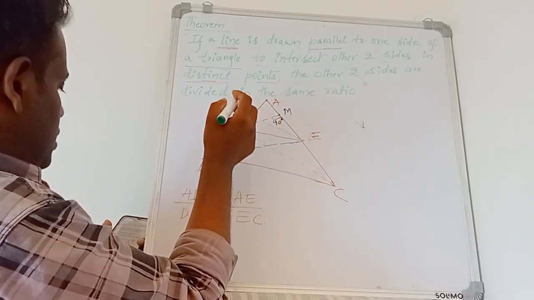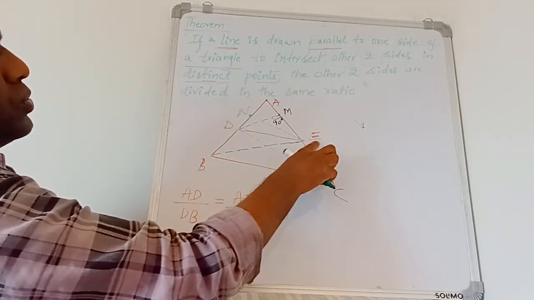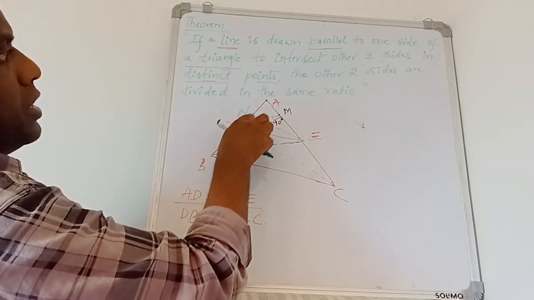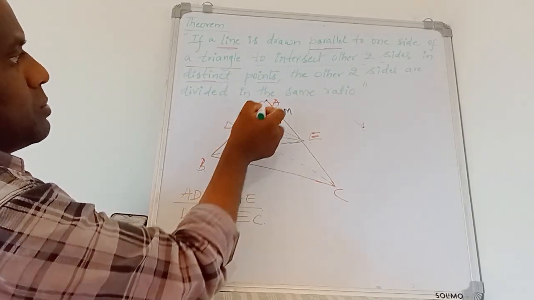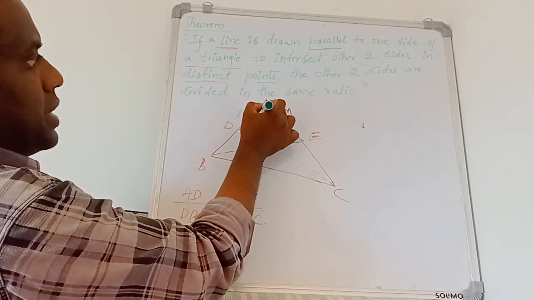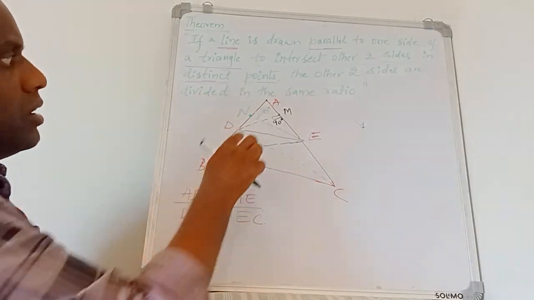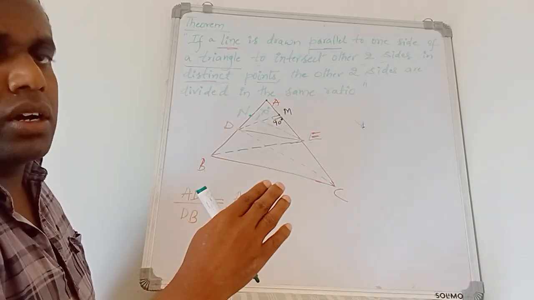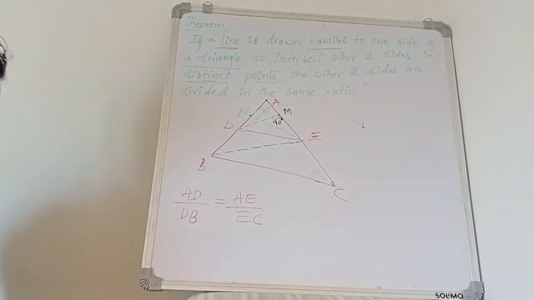So EN is the perpendicular line, and EN is perpendicular to AB. Since EN is perpendicular to AB, the angle here is 90 degrees. When two lines are perpendicular, the angle at their intersection point will be 90 degrees. So the diagram is done.